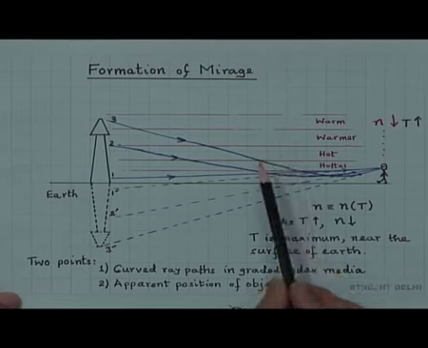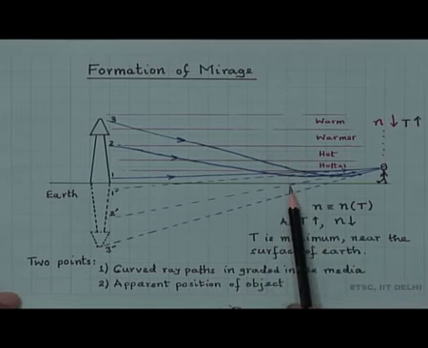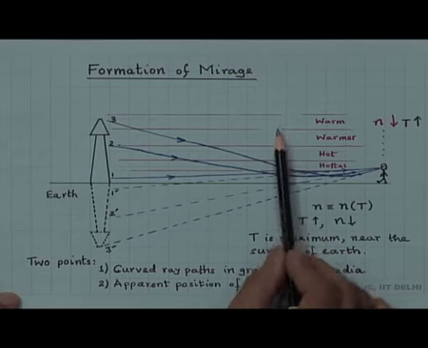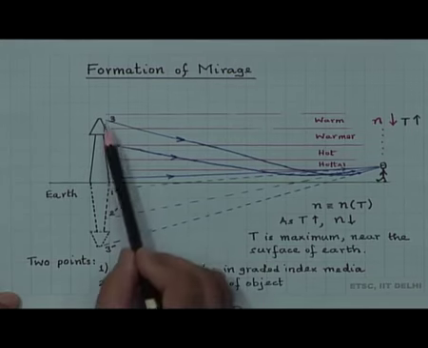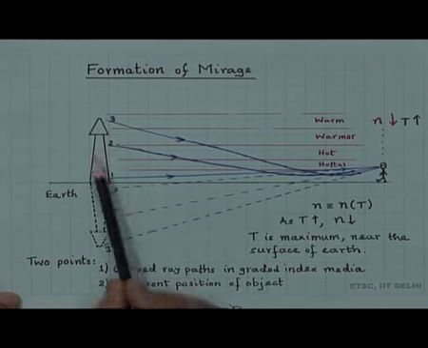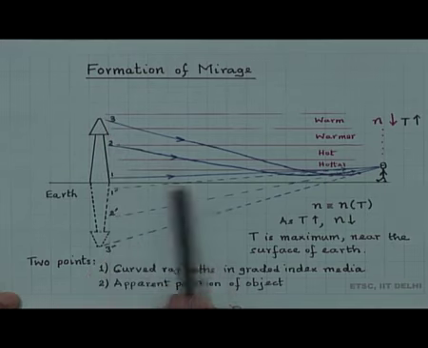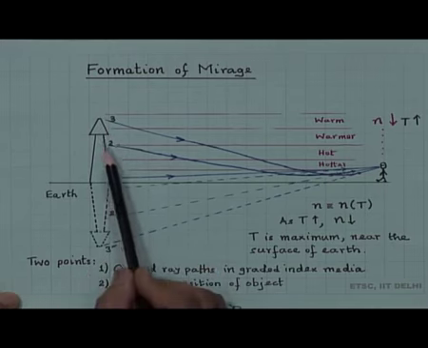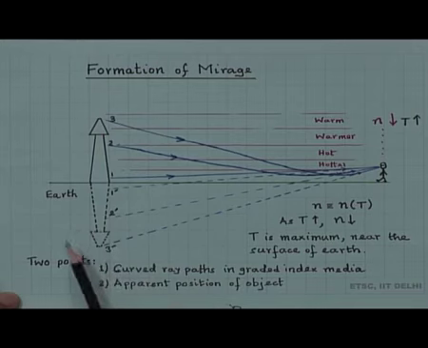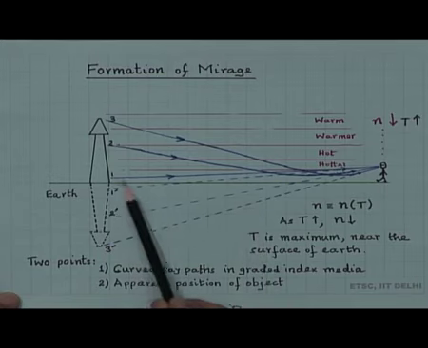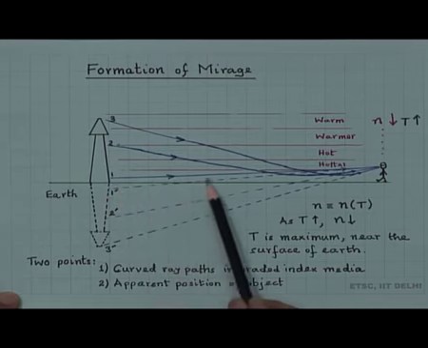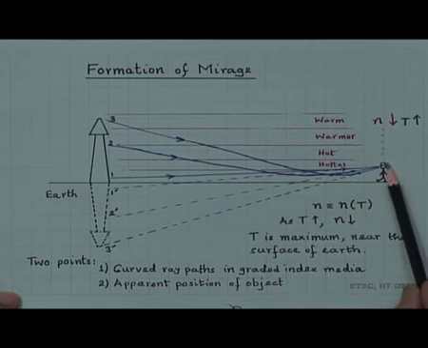So, essentially I have a graded index medium with the highest refractive index here and the refractive index dropping as I go below. I have picked 3 points from the object: ray 3, ray 2 and ray 1 starting from different points on the object, like a lighthouse, for example. The ray which travels from here is traveling at an angle and therefore, it is continuously bending towards higher refractive index and it comes here.